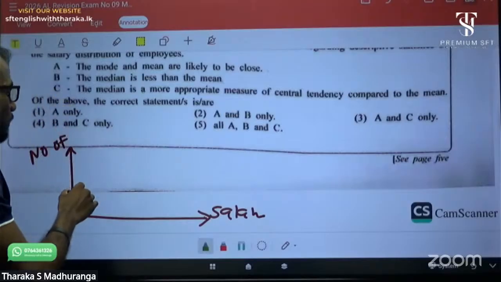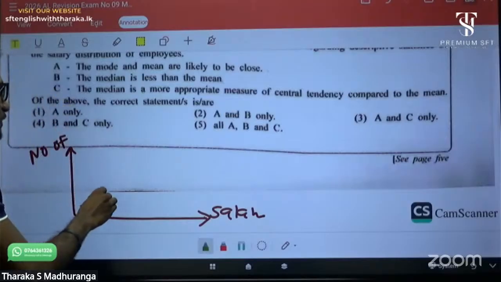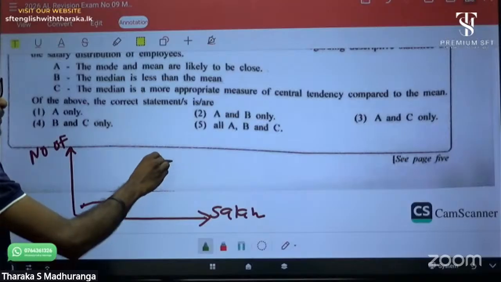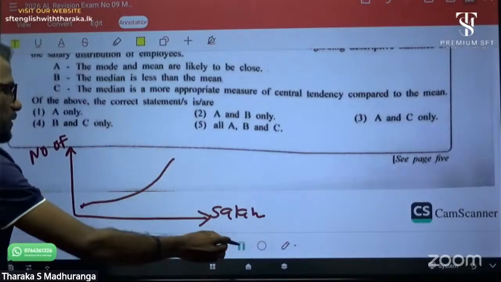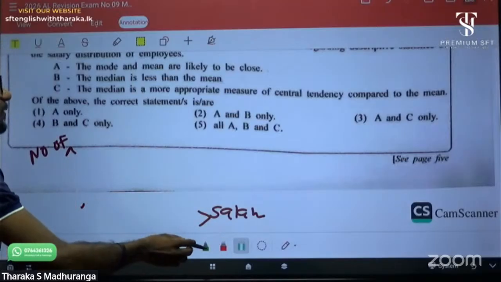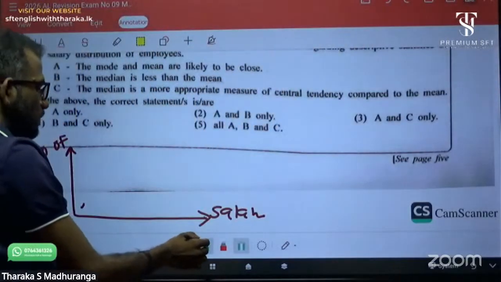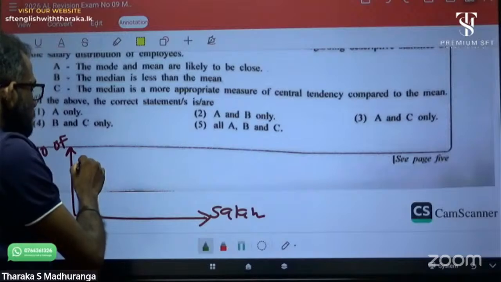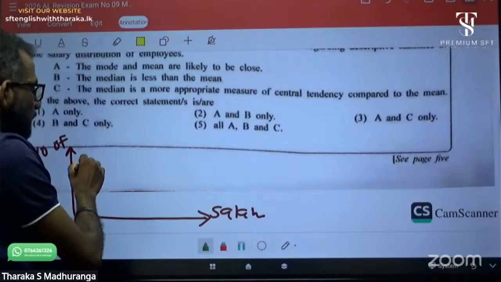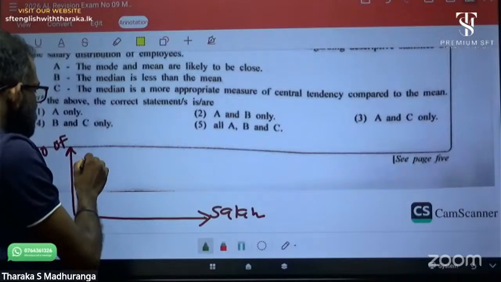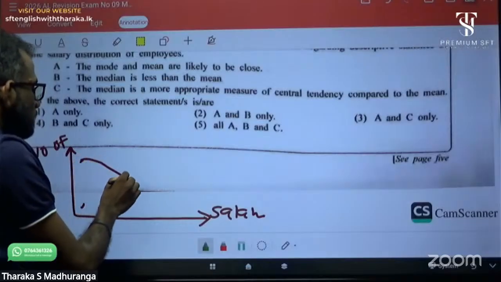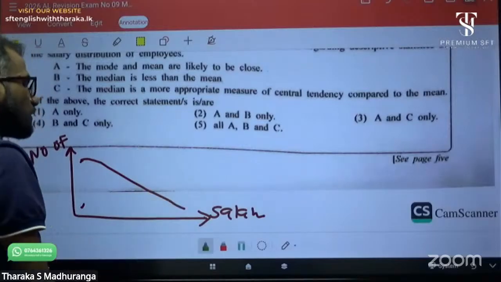Large population, very low salary, and only a small population with very high salary.